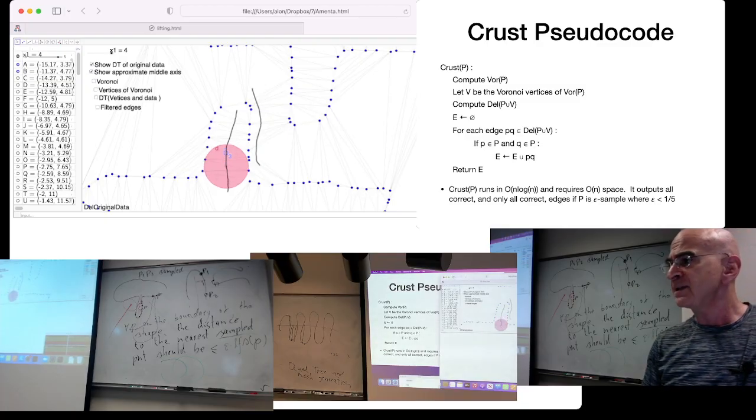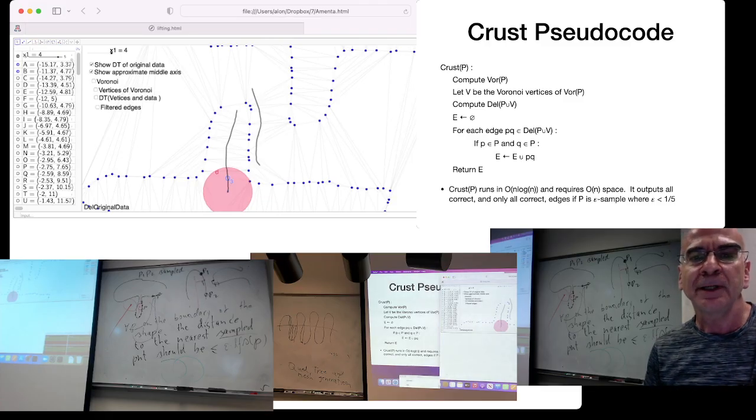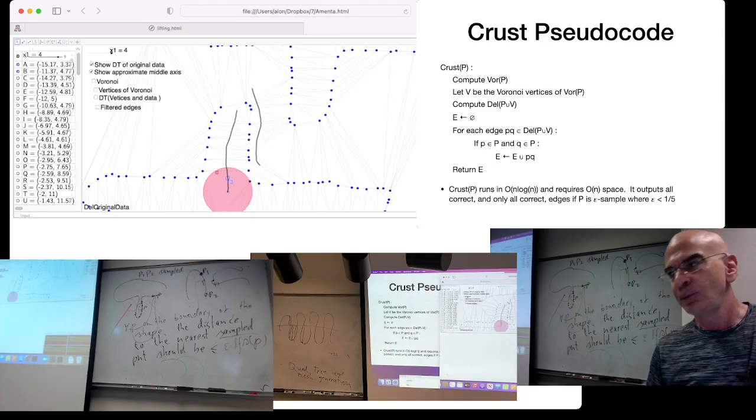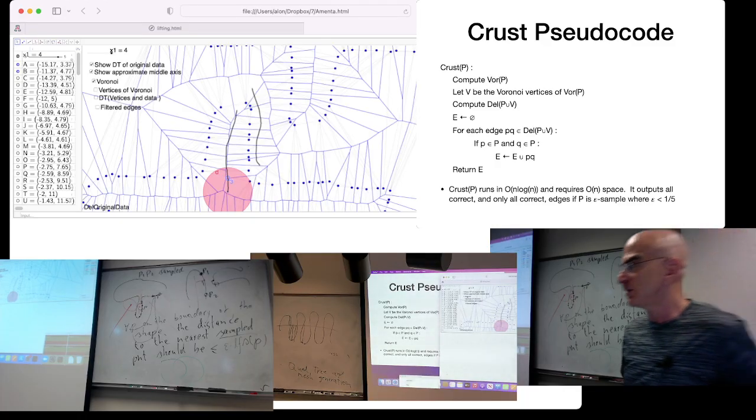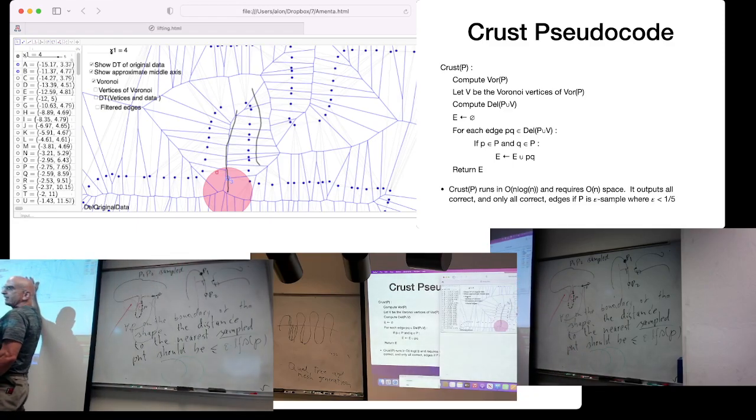But you don't know what is a medial axis. You have only the sample points. So here is a cool idea. Instead of the exact medial axis, we'll take the Voronoi diagram of the original data points. The Voronoi diagram consists of faces, one per each data point.